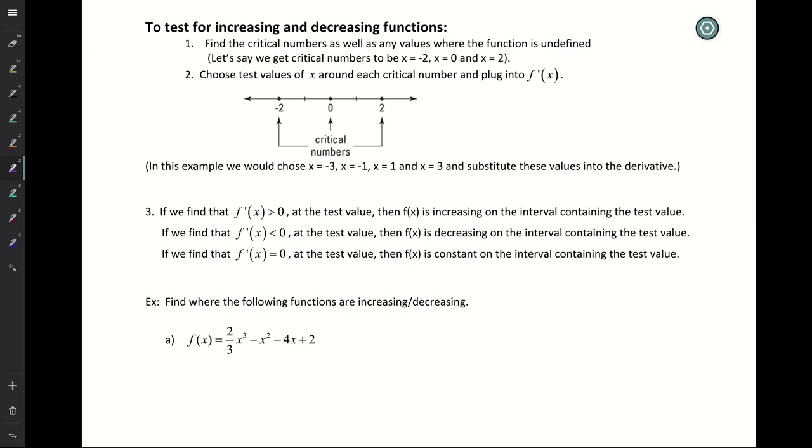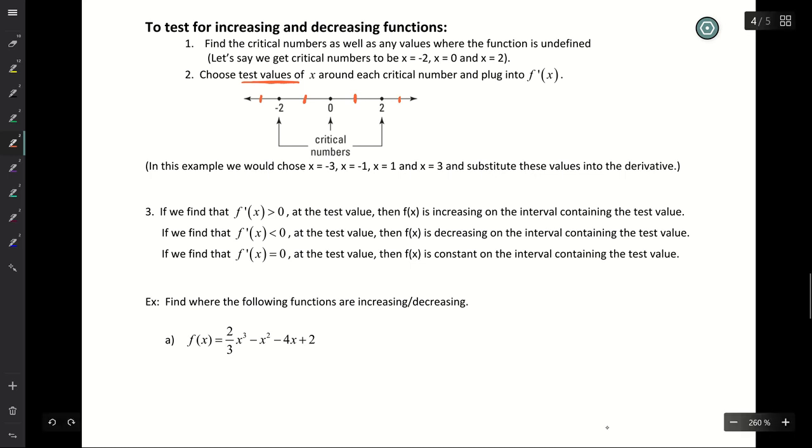Okay, so you see those critical numbers plotted. Then you're going to choose what's called test values of x around each critical number and plug in to f prime. So in this situation, we could choose possibly x is -3, x is -1, x is 1, and possibly x is 3. And we're substituting these values into the derivative. In the derivative, we're going to find out if the derivative is positive or negative.